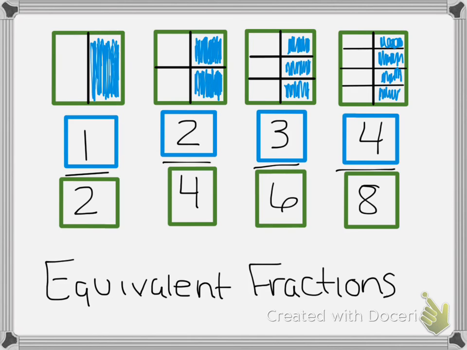So all this page means is that 1/2 is equivalent or the same as 2/4, and 2/4 is the same or equivalent to 3/6, and 3/6 is equivalent or the same to 4/8. So all of these fractions, even though they look different, have the same value.